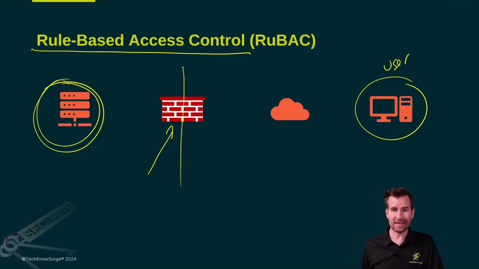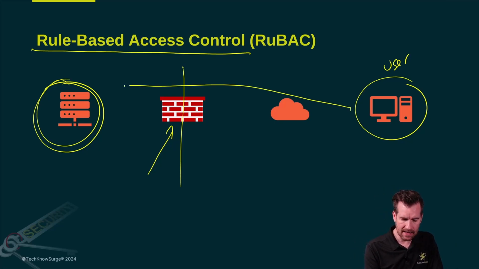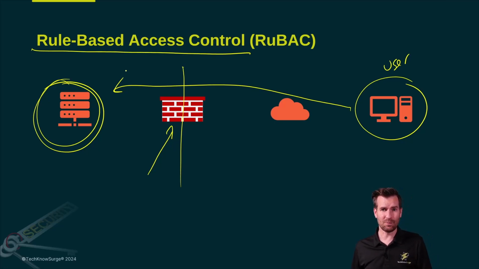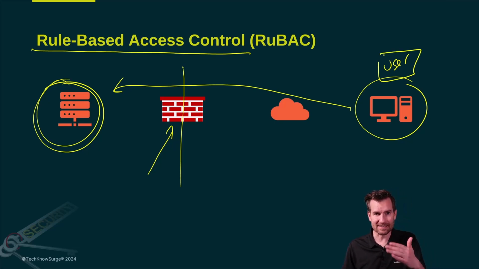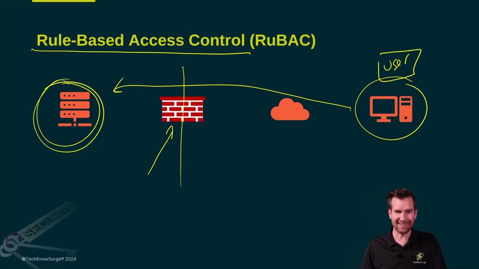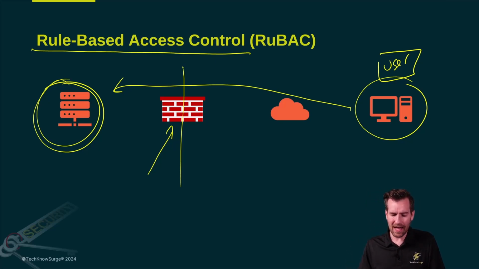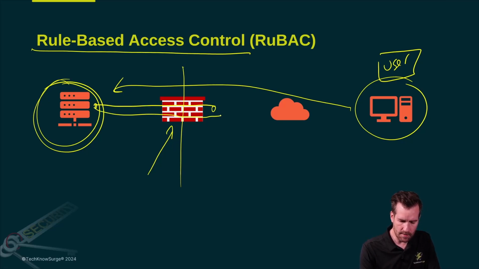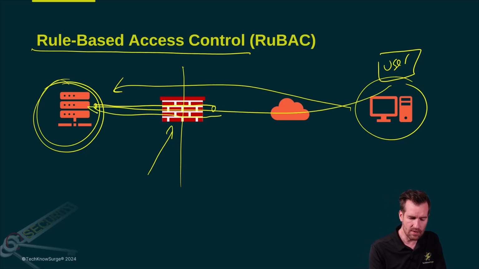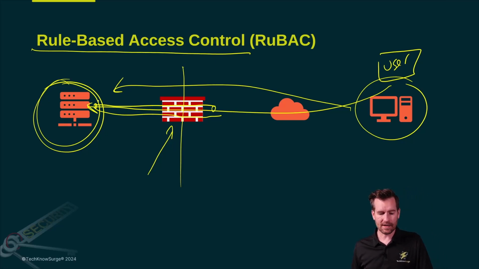And so what we need to do is we need to allow this user to get there. Well, with something like role-based or discretionary or mandatory, we can't give access to every single user that's out there in an efficient manner. It just isn't going to work. So we have to open up a specific hole for this web server, so people can get into this web server wherever they're coming from.